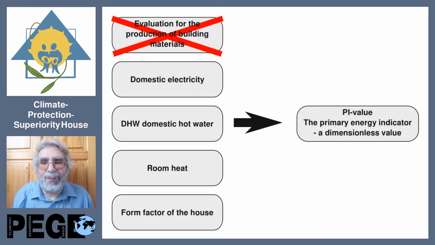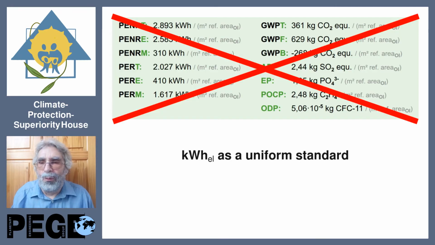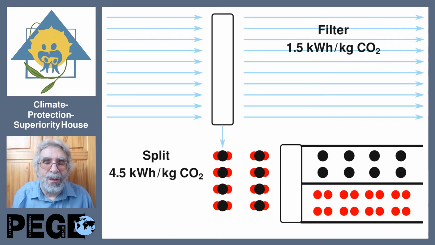So we have to eliminate this very complicated procedure and replace it with kilowatt hour as a uniform standard to measure everything. We convert everything in kilowatt hours electricity. And how we do it with CO2 emissions caused by chemical processes?